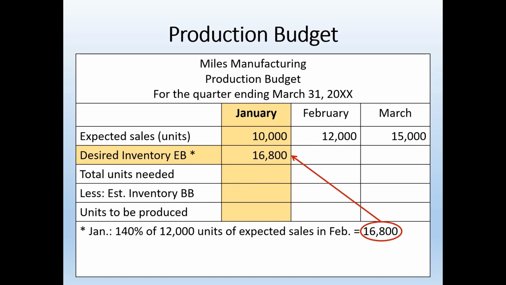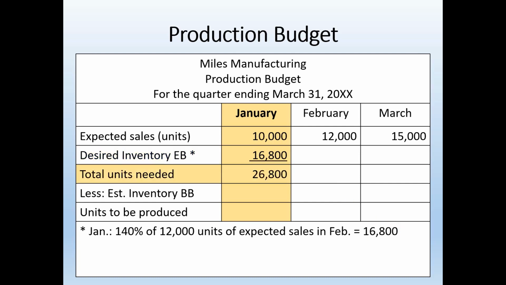Therefore, in addition to the 10,000 units that the firm expects to sell in January, it needs an additional 16,800 units to start February, in case there's a snowstorm or some other disruption in their ability to produce units, or if a lot of customers come in the beginning of February demanding their product. It would be bad for the firm to disappoint those customers by having a stock out, being out of the units that the customers want to buy.